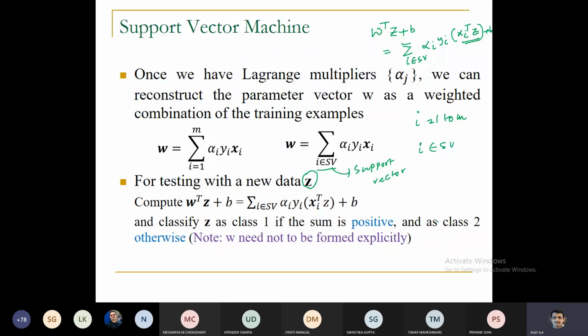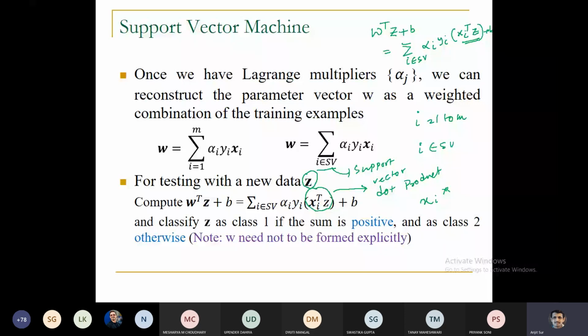Now this is very important, because this xi transpose Z can be used as a dot product of xi and Z, where Z is another point, a vector.